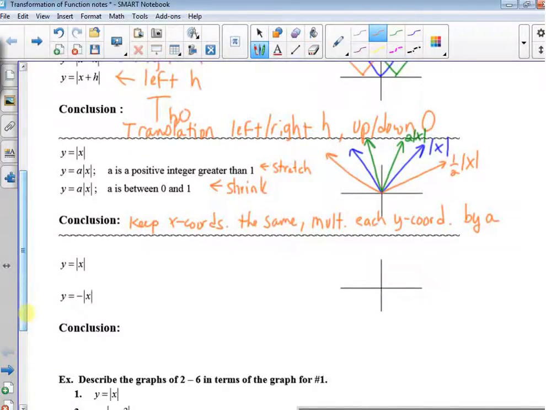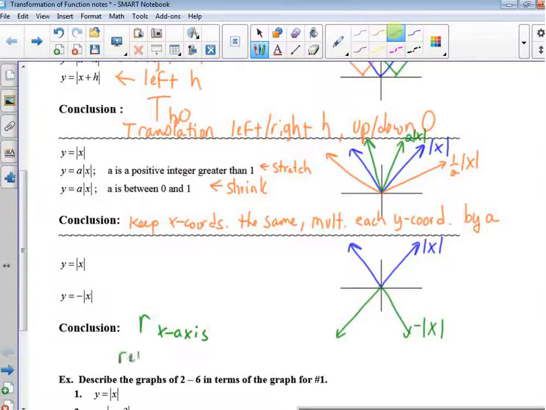All right, and the next one is the reflection over the x-axis. So that's just our x-axis, which is a reflection over the x-axis.